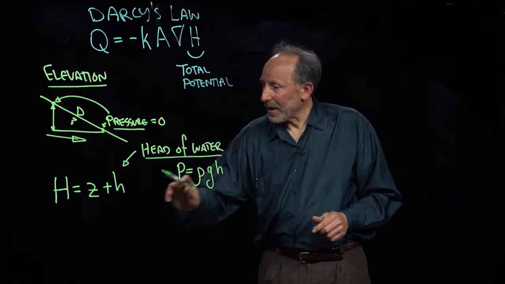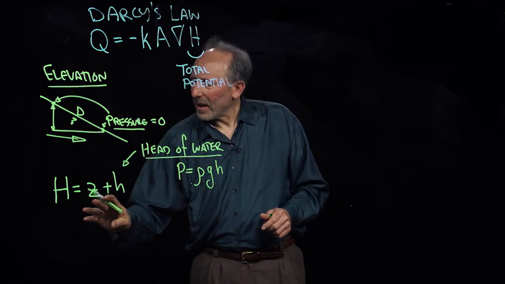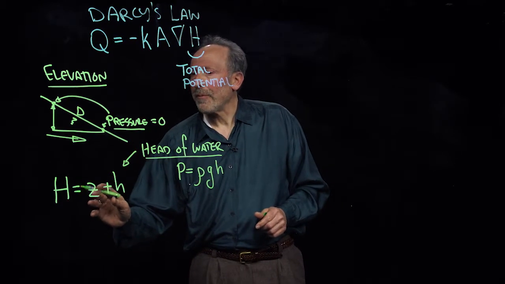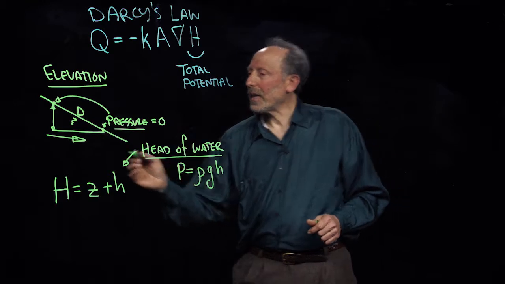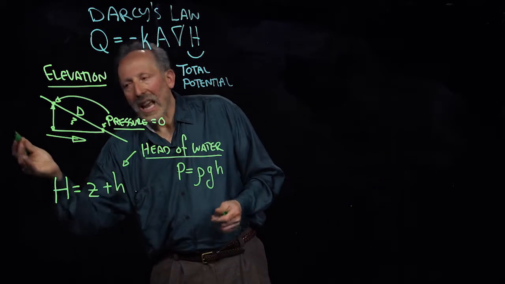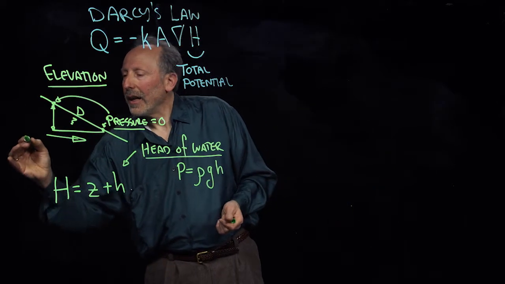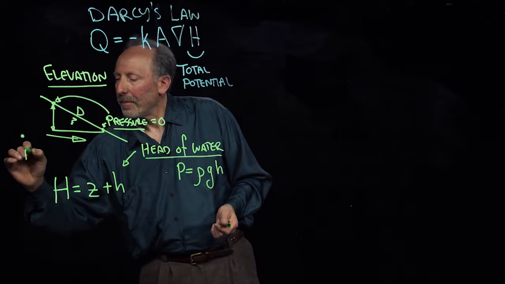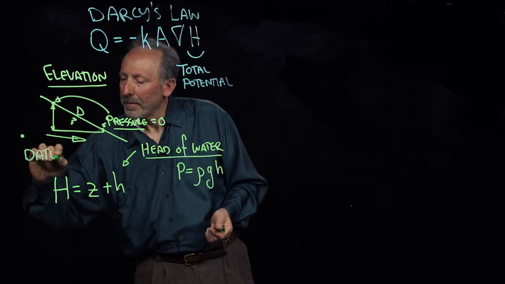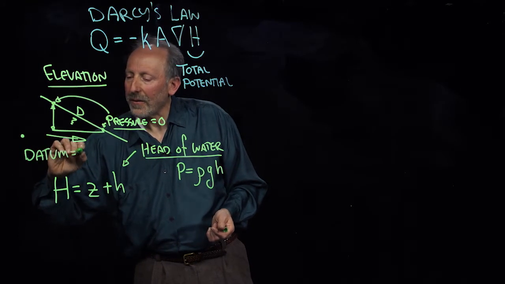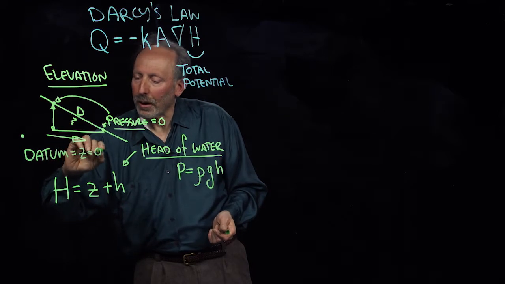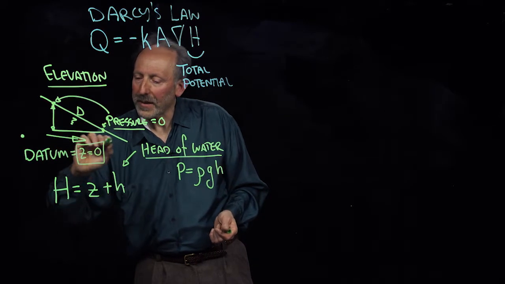Now, what about this z a little bit? We have to define where z equals 0. So what we can do is we can assign an elevation, any elevation we like actually, that we can call the datum. And that is defined by z equals 0. Okay, that's the datum.